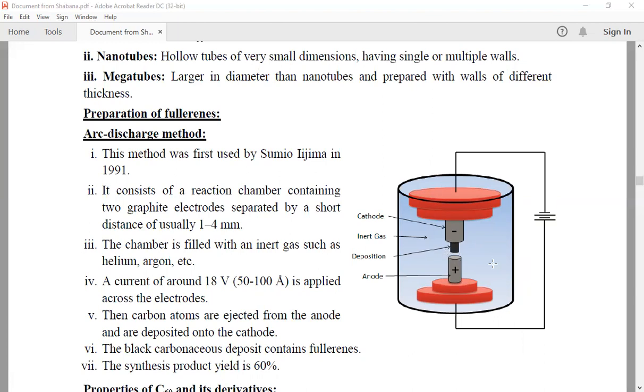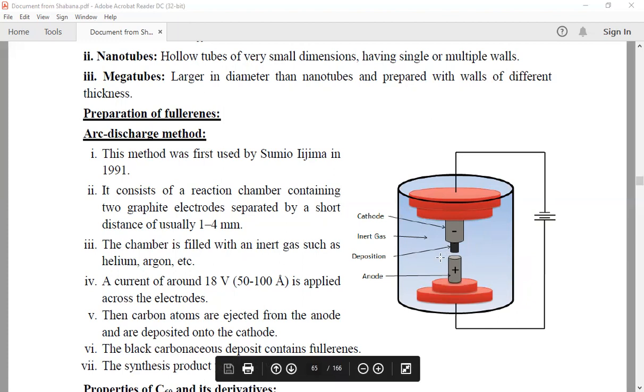It consists of a reaction chamber containing two graphite electrodes separated by a short distance of about 1 to 4 nanometer, and the chamber is filled with inert gases such as nitrogen, helium, argon, etc. A current of about 18 volts is applied across the electrodes, and the carbon atoms are ejected from the anode.